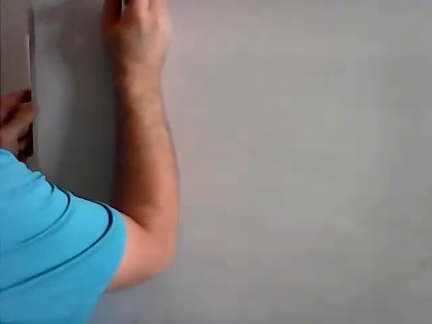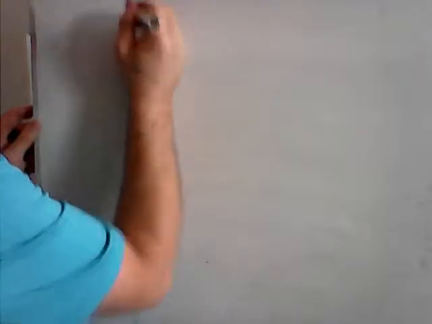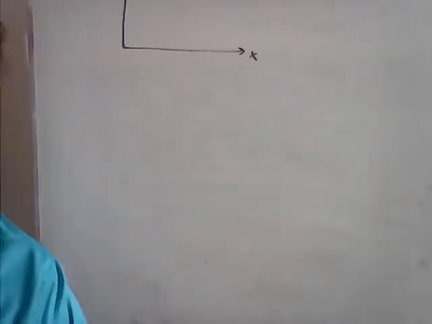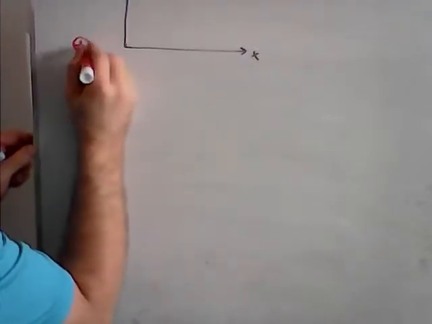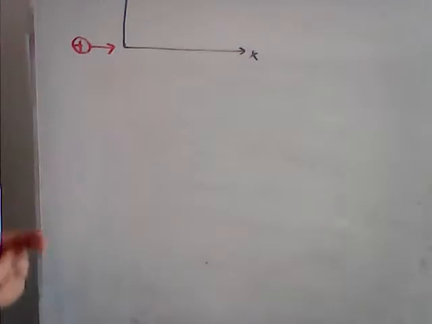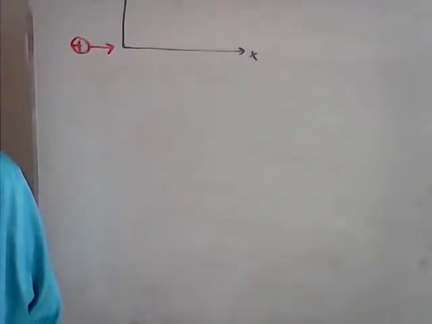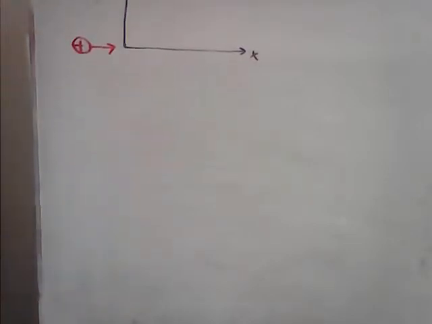Here's our coordinate system, y and x. We've got a proton scooching along in this direction, moving along the positive x-axis and goes into an electric field that's directed along the positive y-axis.